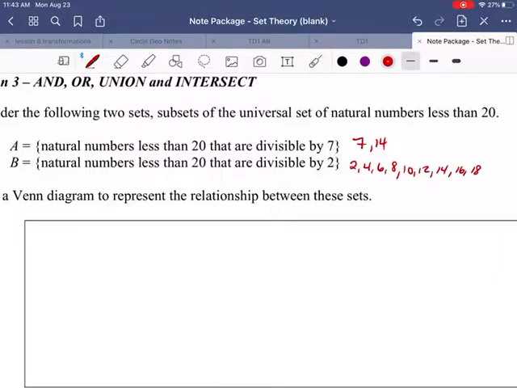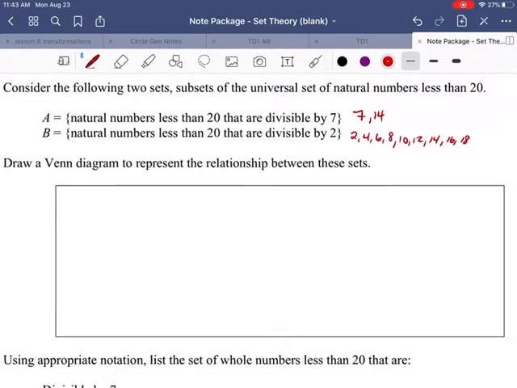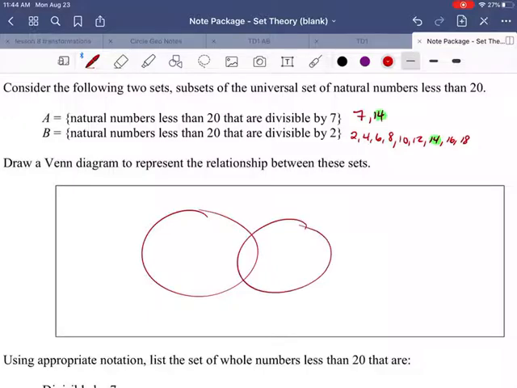Here we go. We've got these two sets, and we're going to create a Venn diagram to represent the relationship between them. One thing to check is whether any numbers are common between the two sets. It appears that 14 is the only number common to both. So we draw set B and set A, and the only number common between the two is 14.